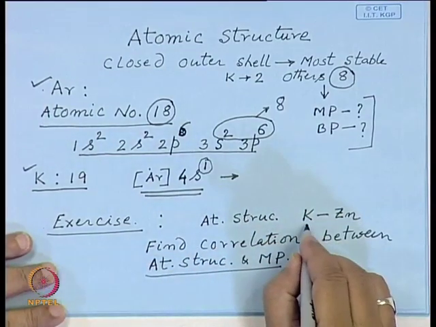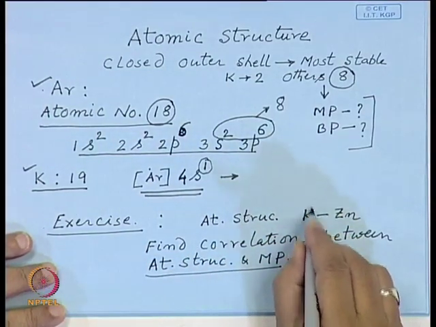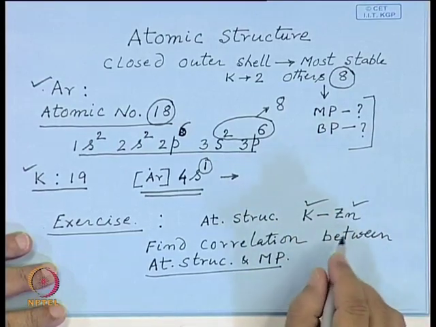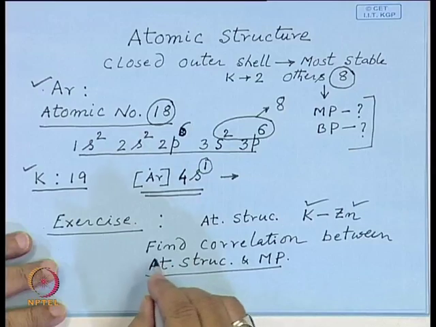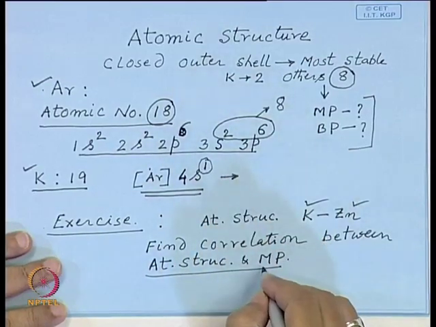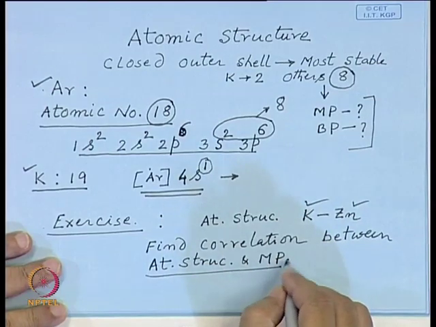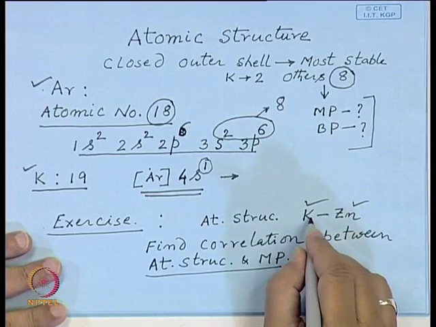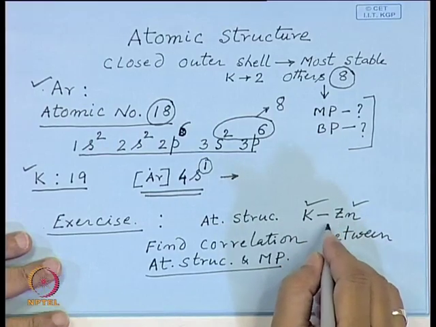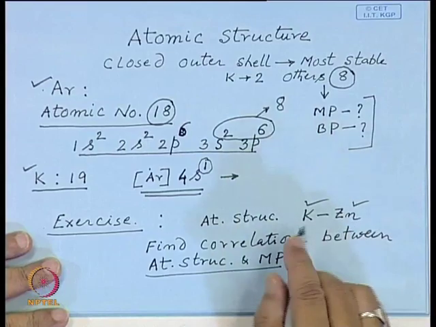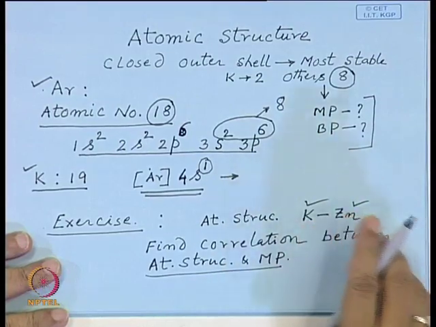Look at the periodic table elements from potassium to zinc and try to find out a correlation between the electronic structures of the atom and the melting point. Somewhere in between you have elements which have very high melting point. Try and explain why it is so.